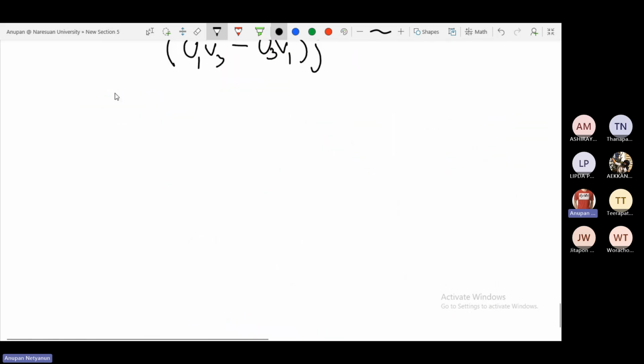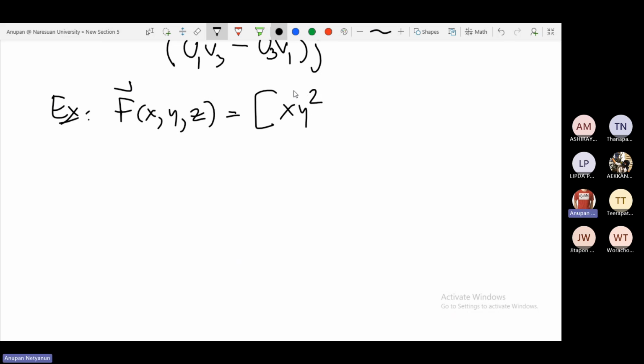Okay. So let me give you an example. If you have a vector function F to be xy squared, 3xy squared z cubed, and then yz squared.